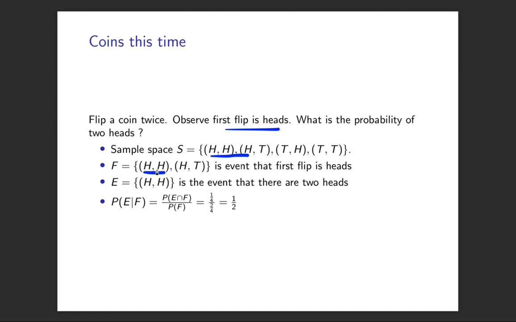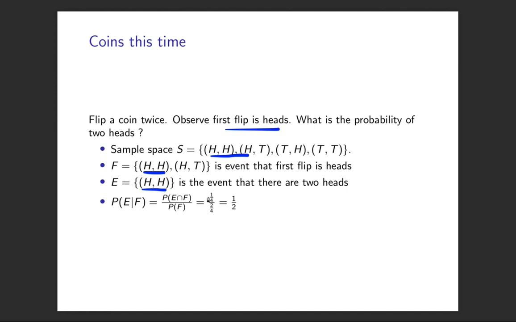So it could be a head and then a head, or a head and a tail. So there are 2 elements in that. The event we're interested in is 2 heads. So the probability of E given F is going to be the size of event E, which is just 1, divided by the number of elements in F, which is 2, so it's a half.